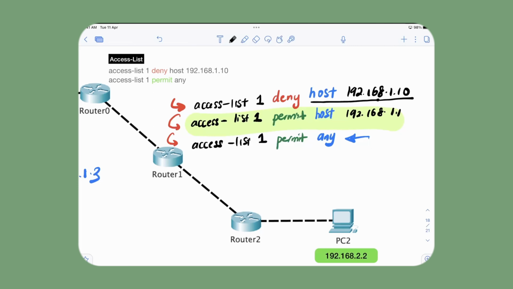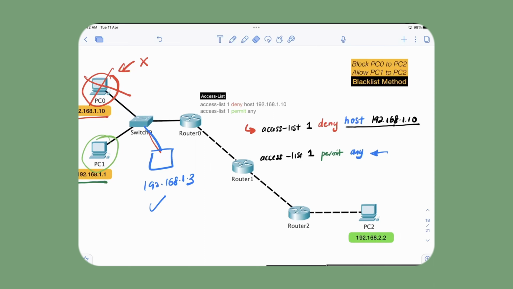Okay, now for example, if I already have something like this. Okay, let's say I got something like this. This is the answer to this question. Correct or not? This is the correct one. 2 lines can achieve what we want already. But if I now write one more statement like access list 1 deny host 192.168.1.3.